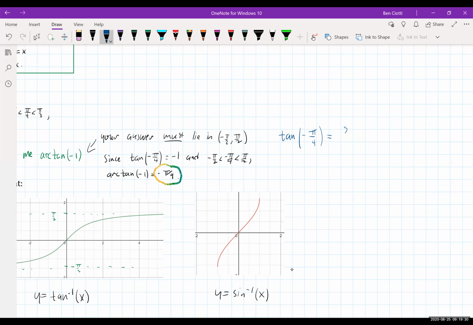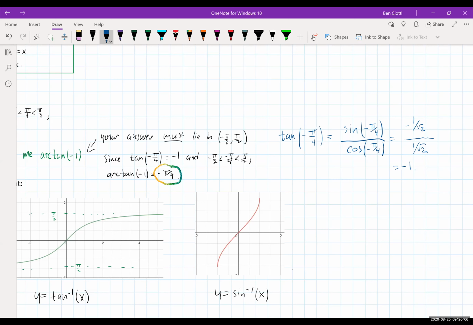That's sine of negative pi over 4 over cosine of negative pi over 4. That's -1 over root 2 over +1 over root 2, which is -1. But we also need to make sure that the angle lies between negative pi over 2 and pi over 2.